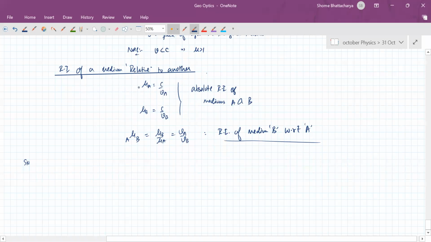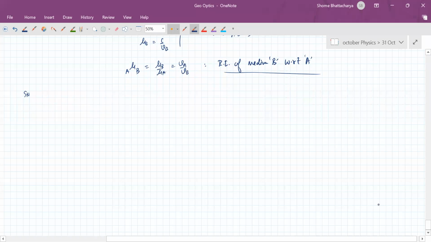Absolute is with respect to vacuum, so it's C by V. But relative to each other, mu of B with respect to A is mu B divided by mu A, which becomes VA by VB. So if you just apply these formulae, you can see how that works. The only important thing here is to understand the notation. When we write mu of B with respect to A, B is the subscript on the right and A is the subscript on the left. So that's just a matter of notation.